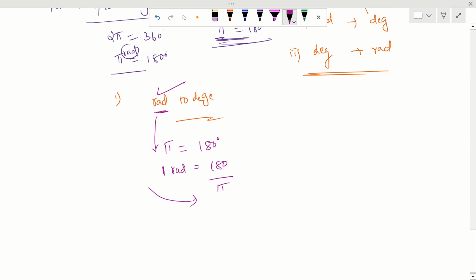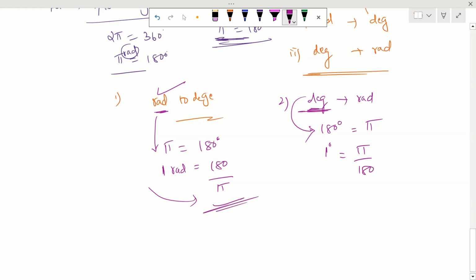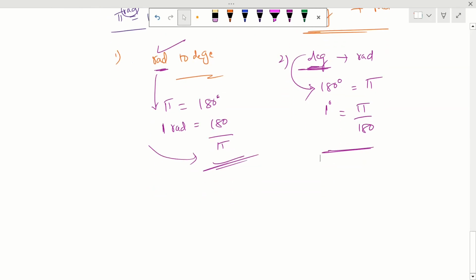In the second case, degree into radian. Here we are converting degree, so we have to call degree. 180 degree is pi radian. Therefore, what is 1 degree? Pi by 180. These two are very important to understand, because sometimes we get confused whether it is 180 by pi or pi by 180.